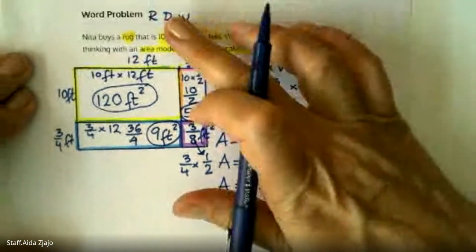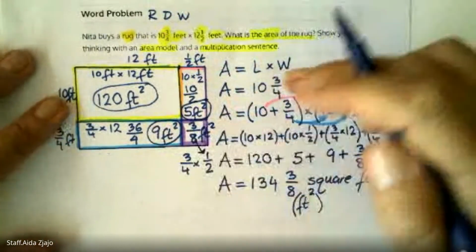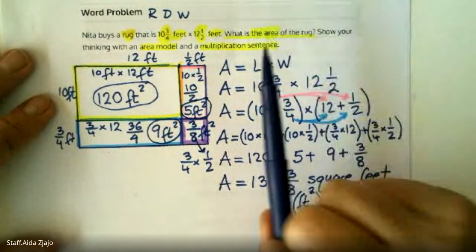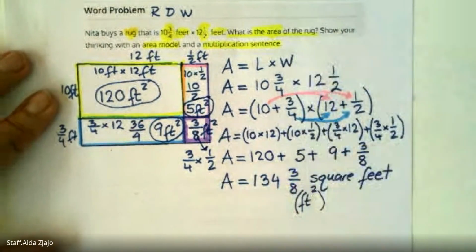We did read, we draw, and then we write a sentence. So what is the area of the rug?